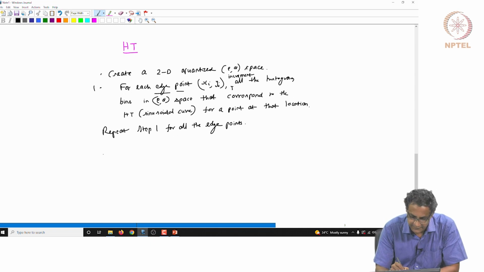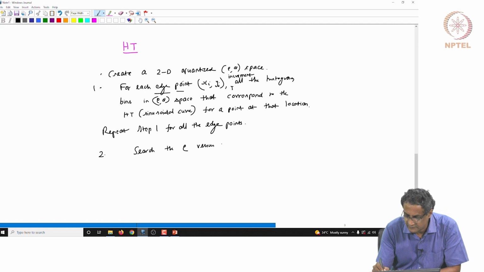To find the line segments, search the rho versus theta histogram for local maxima or peaks, because it does not have to be just one.